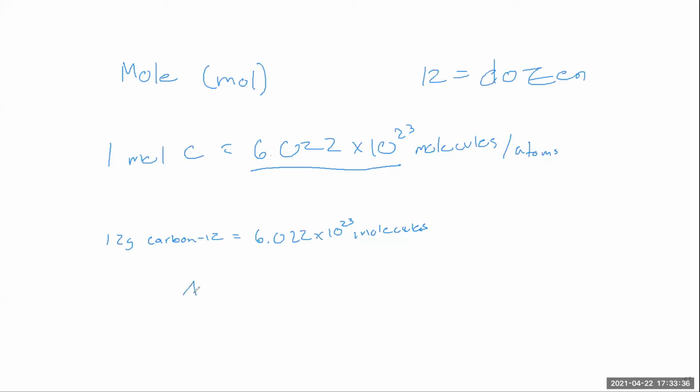Avogadro's number or Avogadro's constant. And you'll see it represented by N subscript A. And we use this to help quantify how much of an item there is.